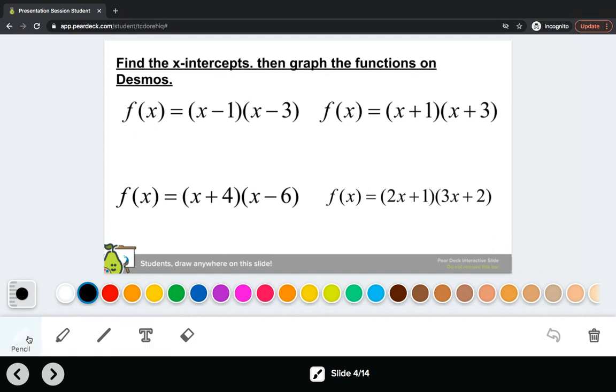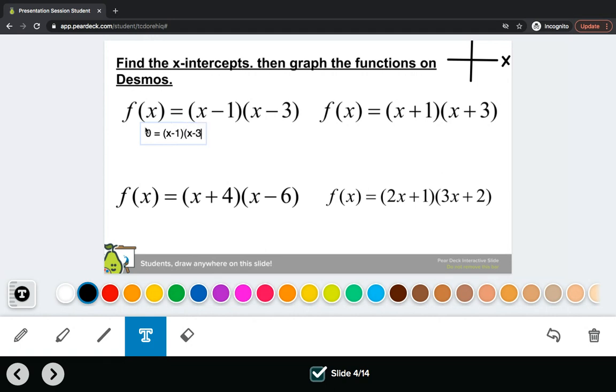Because if we're thinking about a graph, anytime we're thinking about the x-intercepts, if I'm on an xy plane and I'm looking for the points that are here on the x-axis, what do I know is true about any point on the x-axis? Well, my y value has to be 0. So that means I'm going to set each of these equations equal to 0 in order to solve for my x values.